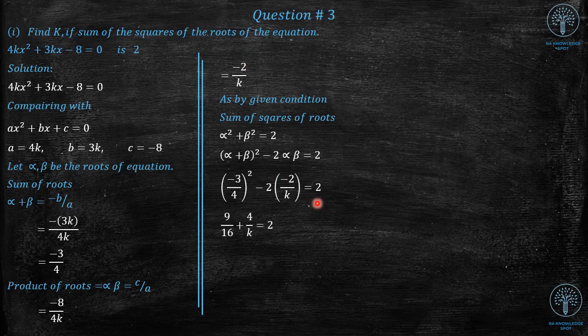Some more simplification: when you take the square of minus 3, it will be 3 3s are 9 and 4 4s are 16. 2 2s are 4 and k will be as it is, minus minus plus, is equal to 2.